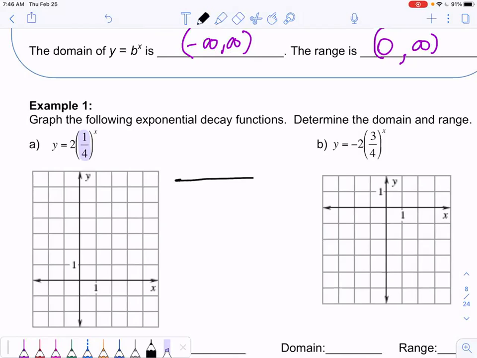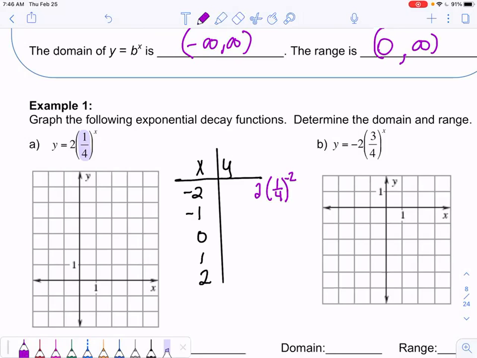So make yourself a little T-chart. Pick the same 5 numbers. And we're going to plug them in. So let's talk about this.